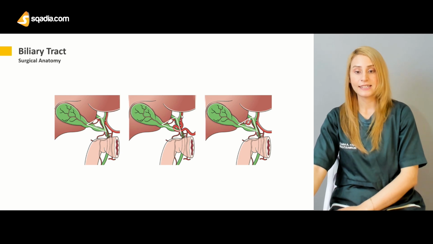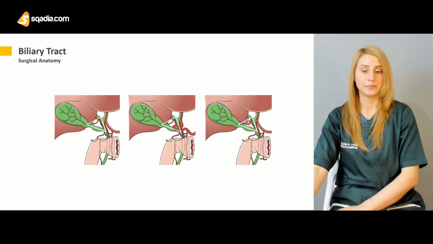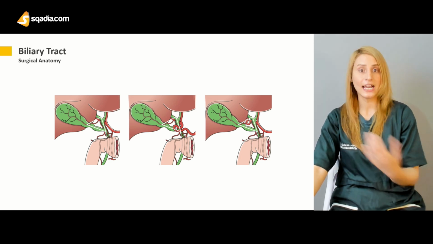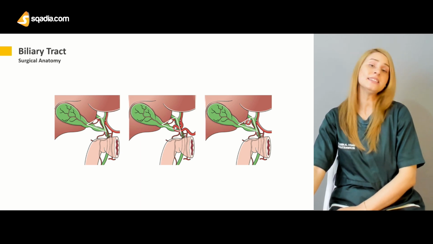But here, it's coming close to the common hepatic duct, crossing the common hepatic duct, and it is actually inside this Calot's triangle. So this is the abnormality, which is called a caterpillar turn, okay? So it's actually taking a caterpillar turn here, and it's within the Calot's triangle.